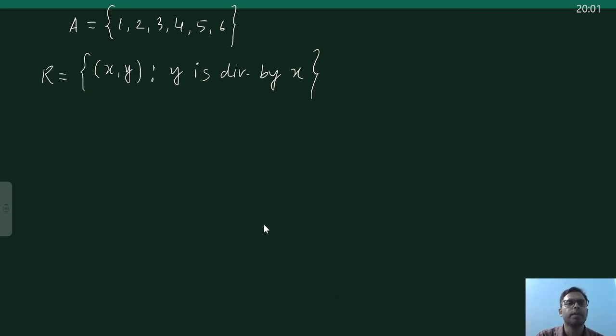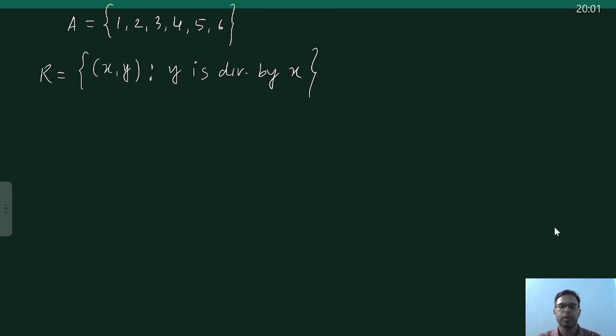To prove this, first we will check the reflexive part. For that, like we did a little earlier, let x belong to the set A. Since x belongs to A, x represents 1 or 2 or 3 or 4 or 5 or 6, any one of them, all together.